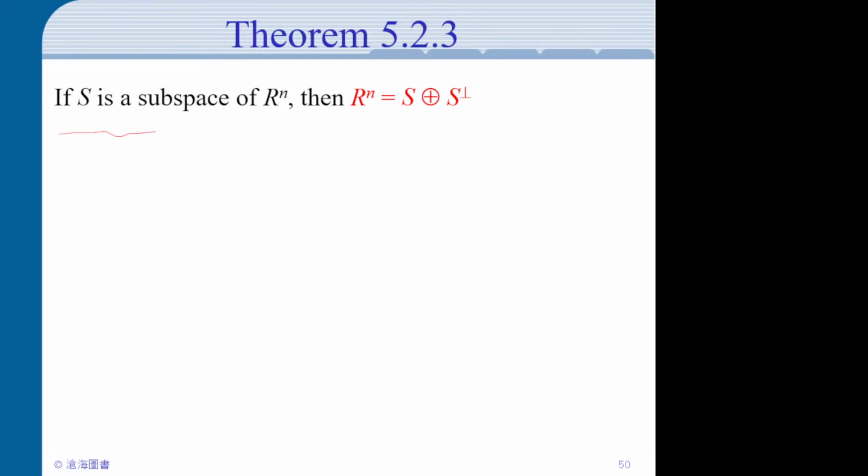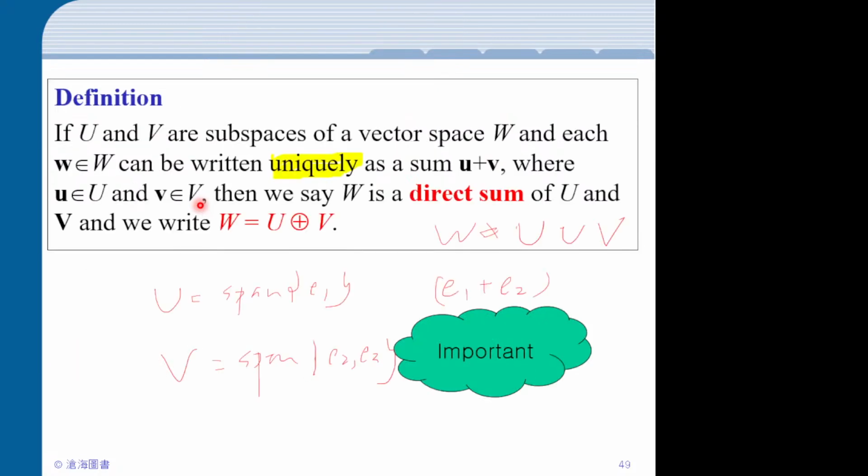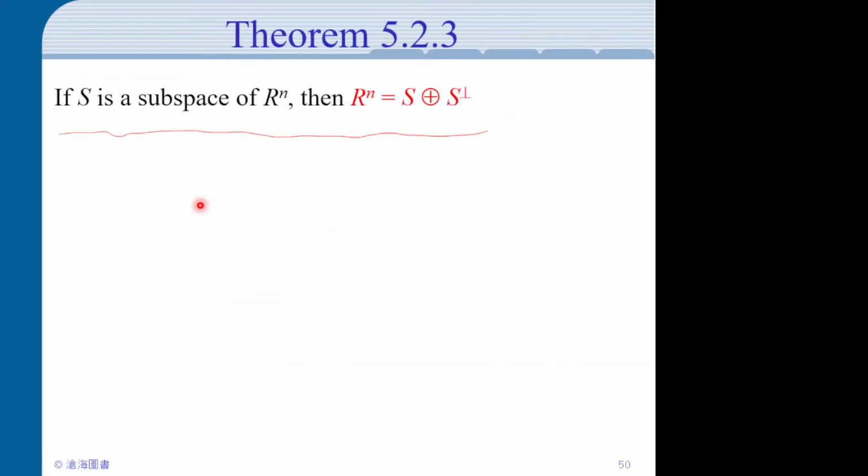So I think a good way to think about second complement is actually this. You want the basis of S and the basis of S dual together to be a basis of Rn. This is a good way to think about second complement.